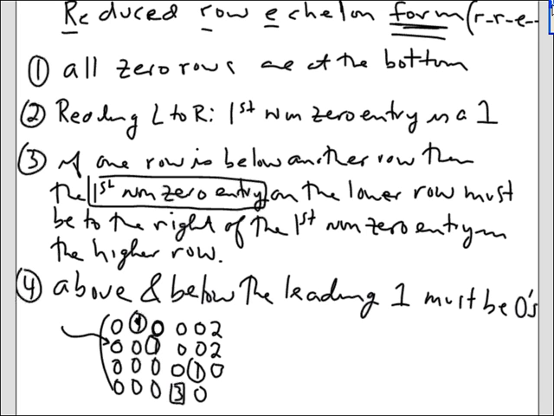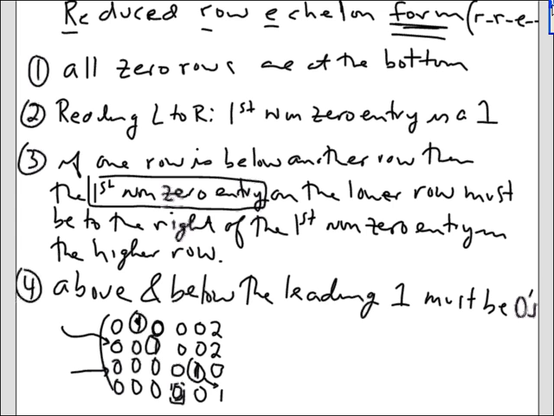The leading 1 has to go to the right from the previous row. Row 3, the 1 very clearly is here, so it can't be where I'm erasing in row 4. This must be a 0.